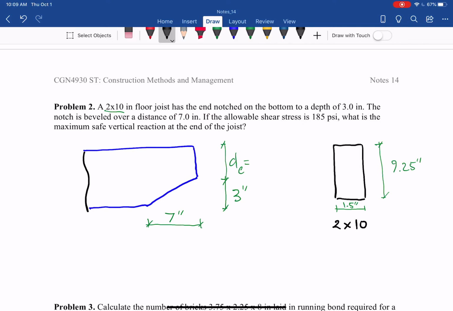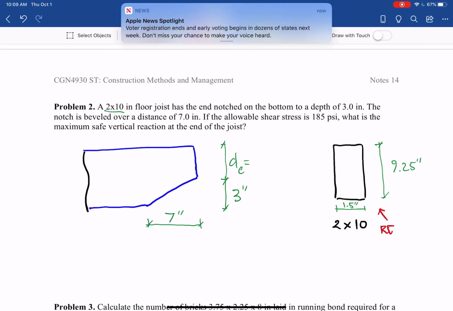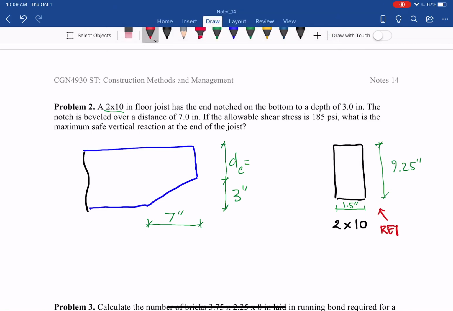You go to the reference, page number 7, that you can see there, and that is the cross section.